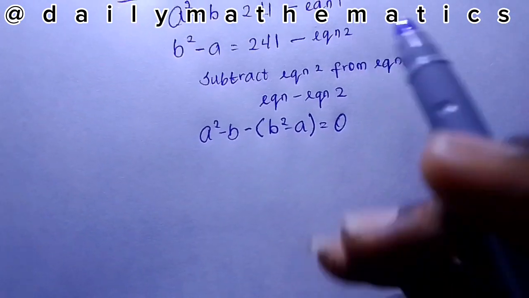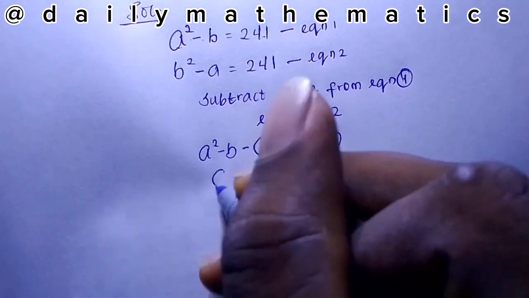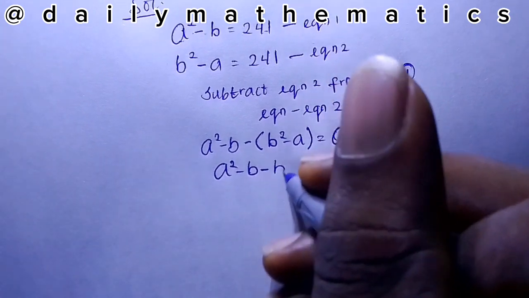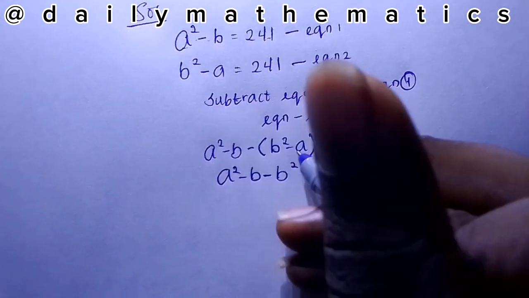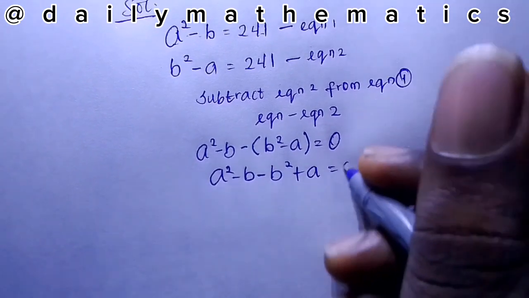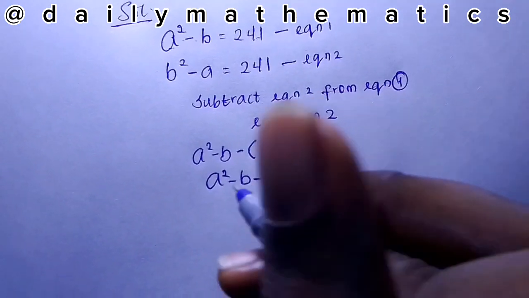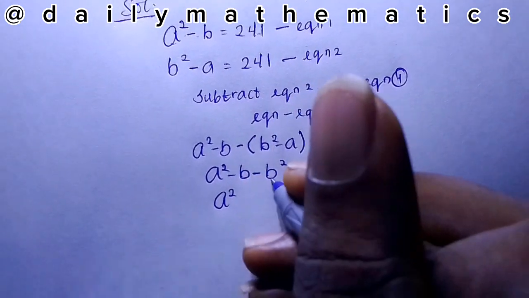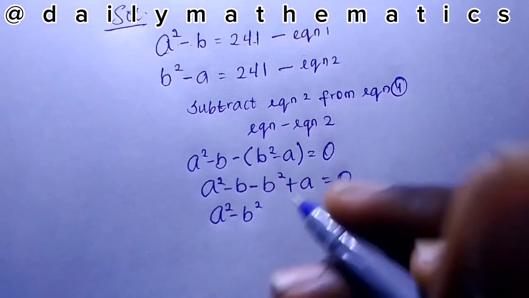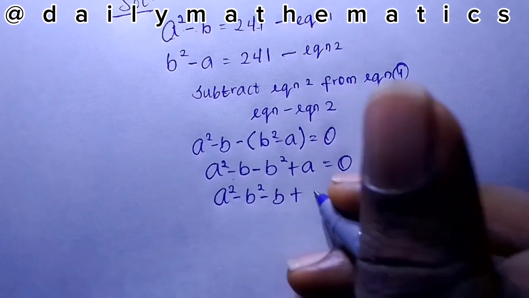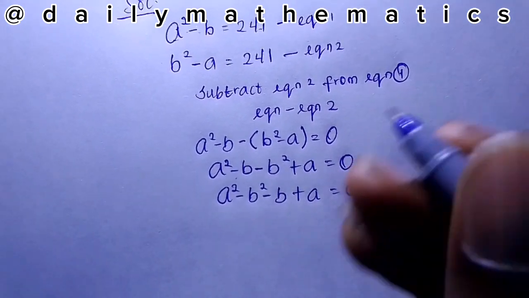So the next thing we have A squared minus B, this minus opens the bracket, minus B squared minus times minus plus A equals 0. Right? So from here we have A squared, this is B squared, let's bring it here, minus B squared, this is minus B plus A equals 0. Right?